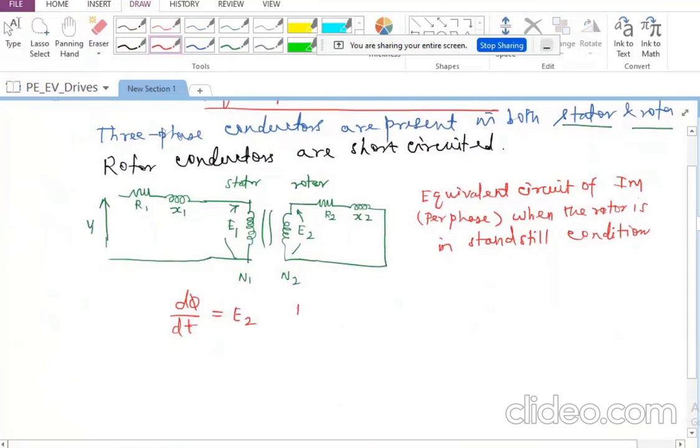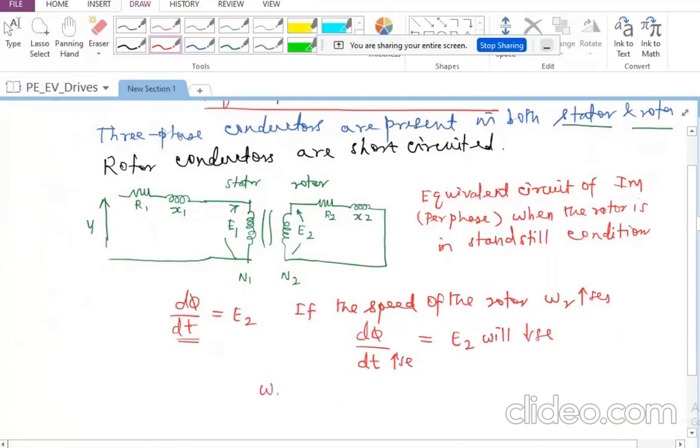But if the speed of the rotor increases, then this particular dt value, that is the rate of change visualized by the rotor, is not going to be that fast. It is not going to see the change so fast. So I'm going to have d phi remaining the same, but dt is going to increase. Because of which E2 will decrease.